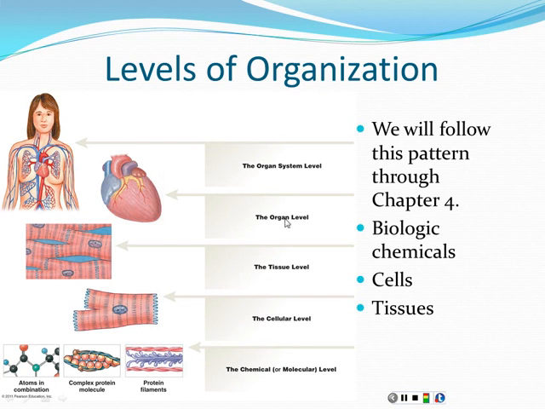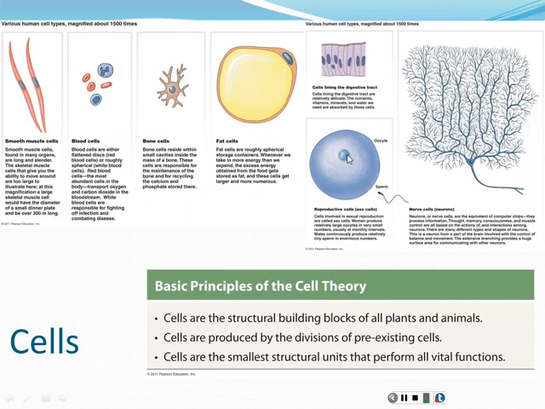And then all the organs working together, we get to the organism and organ systems, which is what we'll start talking about when we get to Chapter 5, which is the integumentary system or skin system. So that's just the levels of organization, and that's how we'll wade into anatomy and physiology by starting at chemistry, then going to cells, tissues, and then the rest of the 2 semesters is all organ systems.